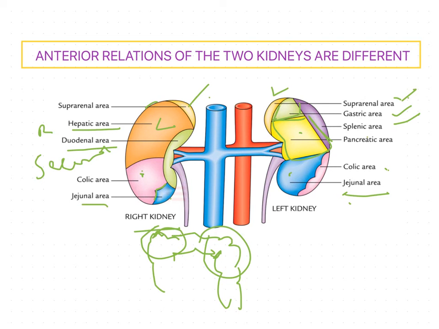Out of these structures, the gastric, splenic and jejunal surfaces are covered by peritoneum. The lateral border of the left kidney is related to the spleen and the descending colon. These are all the relations of the kidney, both on the anterior aspects as well as the posterior aspects.